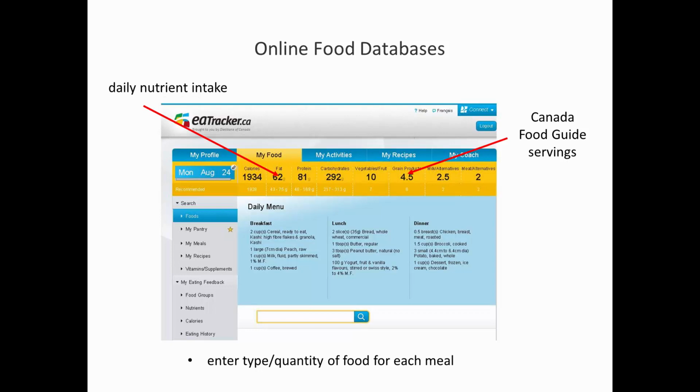Again, it's good to have 2 weekdays and 1 weekend day, just because we eat differently on weekdays and weekends, and that gives us an average of what we're consuming. So you could get a rough estimate of whether you're consuming too much sodium, and then you'd know, okay, I want to start to choose foods that are lower in sodium.